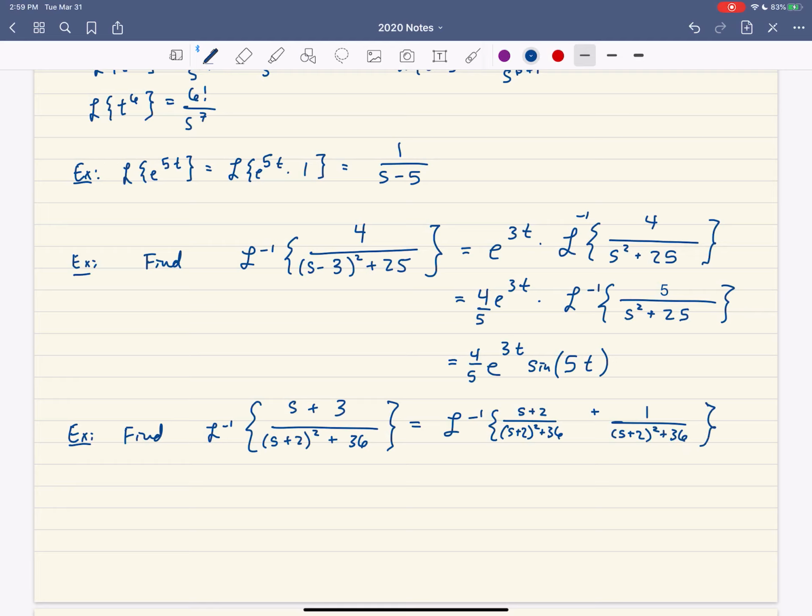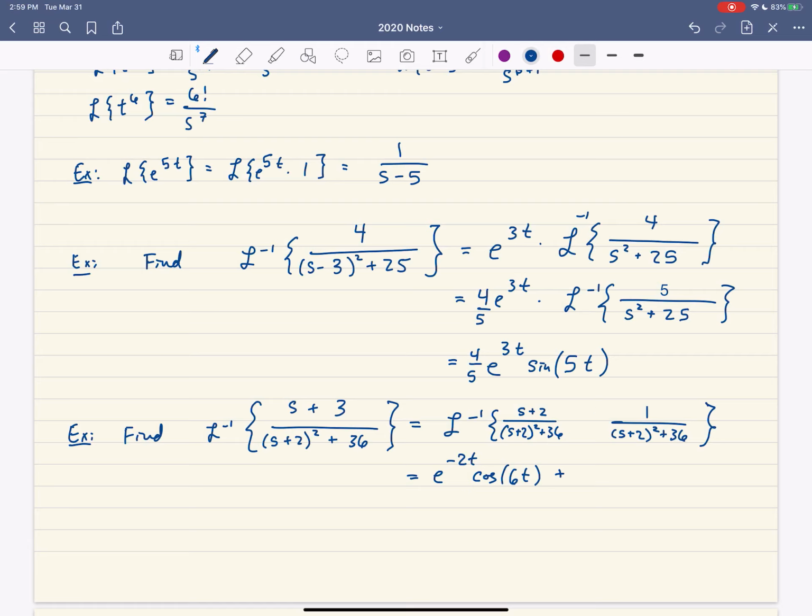And the first part, we know how to undo. That looks a lot like cosine, just shifted by e to the negative 2t. And s over s squared plus 36 is going to turn out to be cosine of 6t. And for the second one, if it was a 6 over s plus 2 squared plus 36, then we would be fine. So we'll make it a 6.